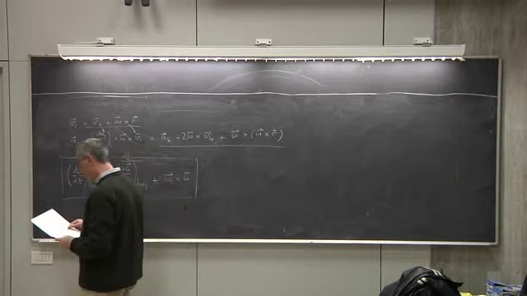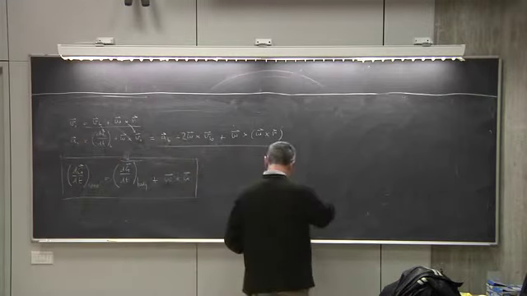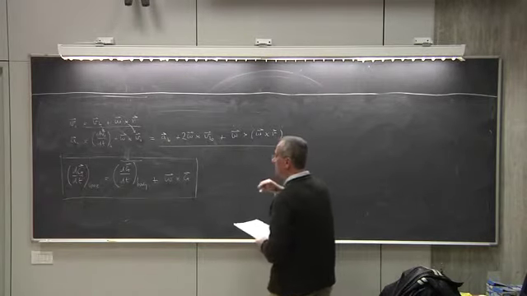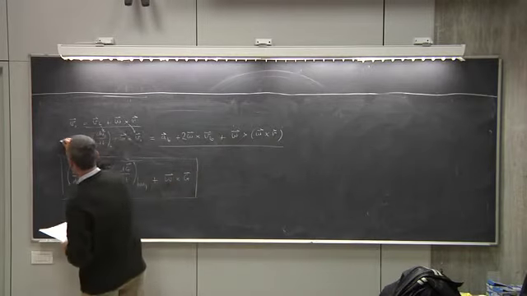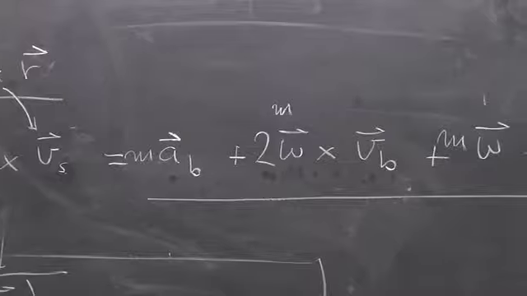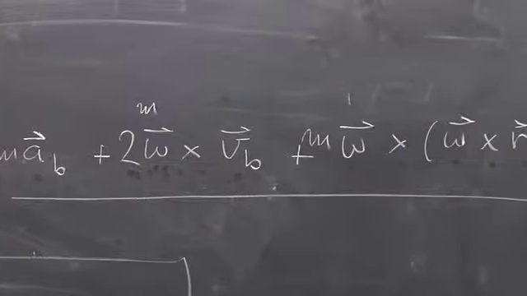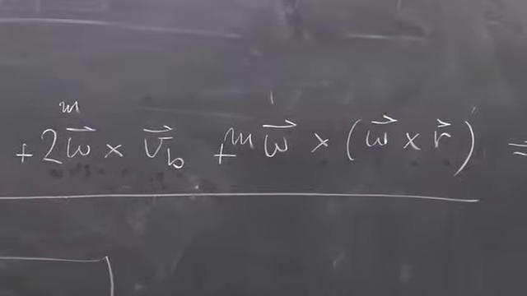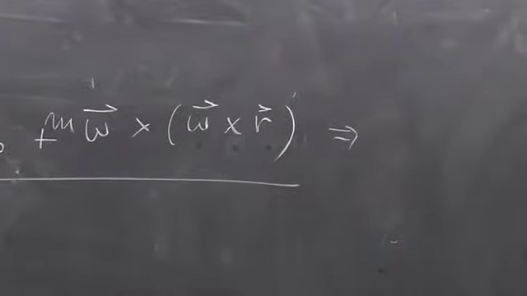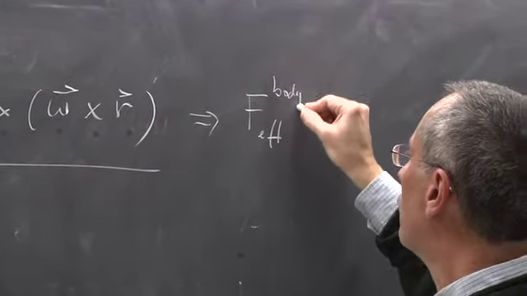So if you multiply this formula by the mass, let's multiply by the mass. If I multiply an acceleration by the mass, I have the force. And so you see I can write, now let's say we want to compute the effective force, the force that you perceive on the body.